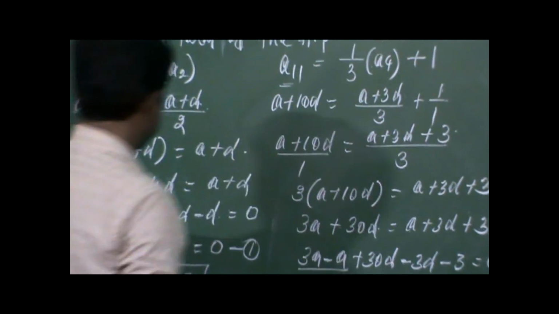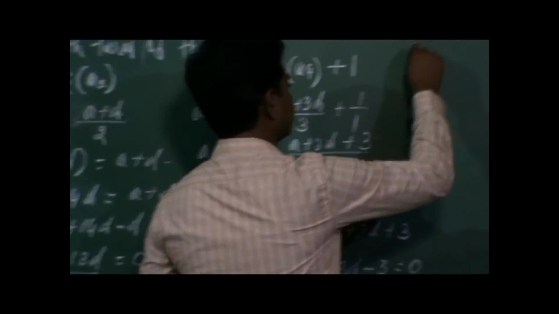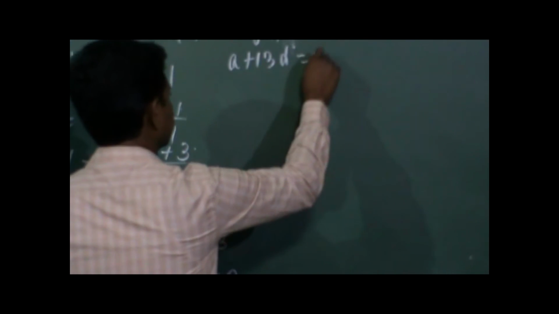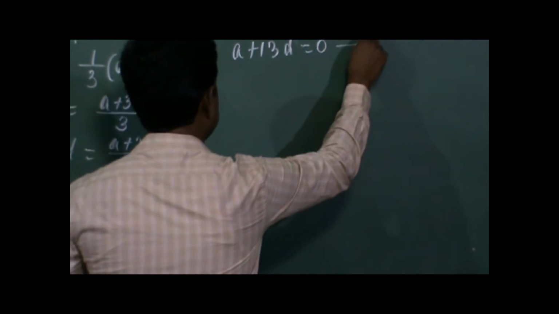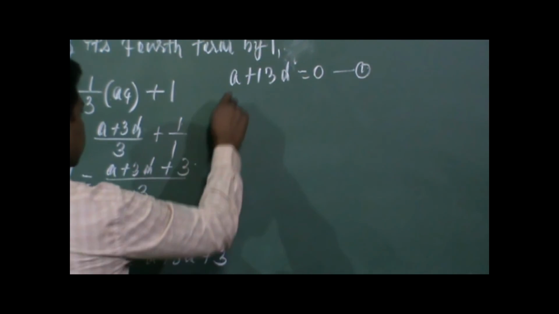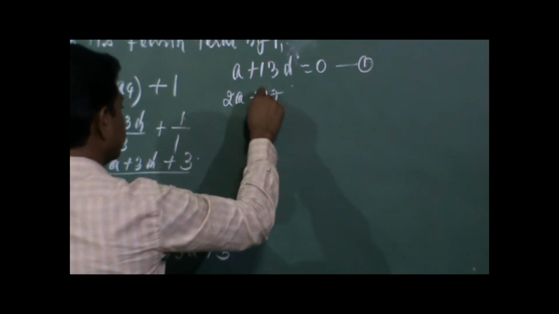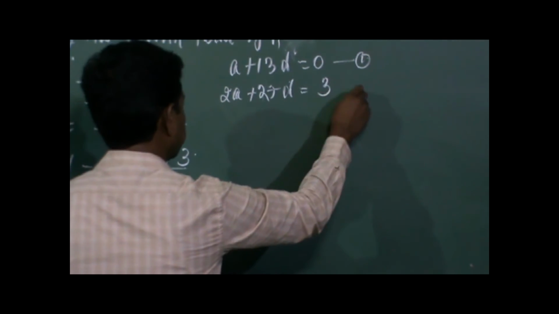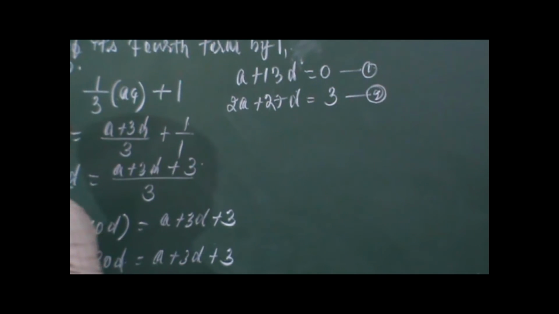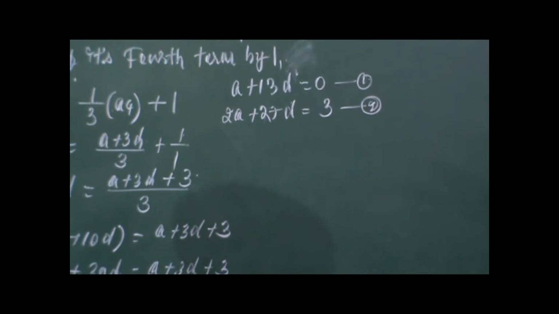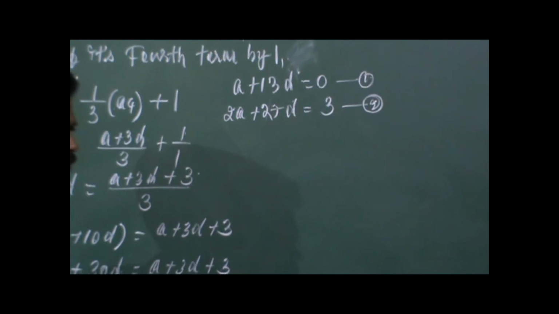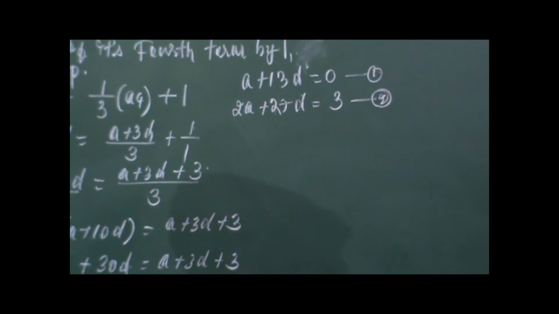So take the equations. A plus 13D is equal to 0 as equation 1, and 2A plus 27D is equal to 3 as equation 2. I hope you have solved some problems with the method of elimination in your 9th standard class.